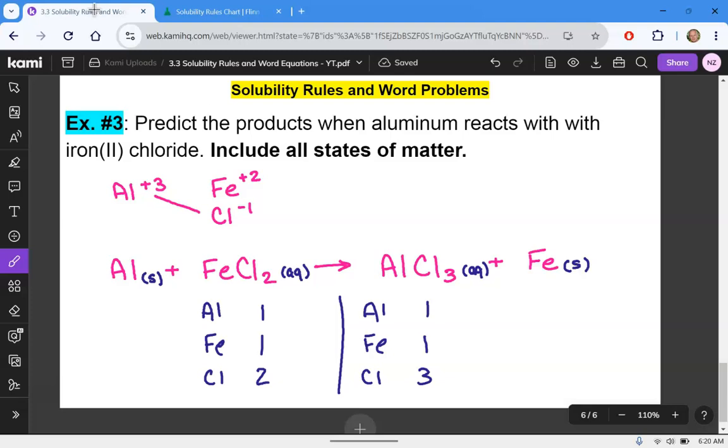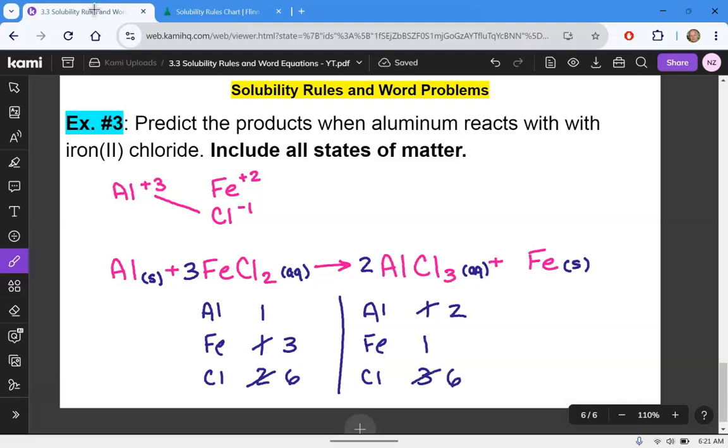So we're going to need to get to our least common multiple of 2 and 3, which is 6. To get our 6 chlorines on the left-hand side, I'm going to put a 3 here. 3 times our 1 iron makes that 3. 3 times our 2 chlorines here makes that 6. On the right-hand side, to get our 6 chlorines, I'm going to put a 2 here. 2 times our 1 aluminum makes that 2. 2 times our 3 chlorines makes that 6.